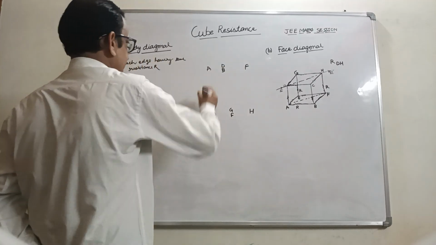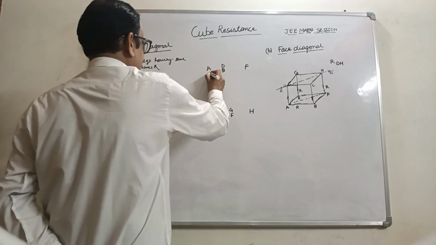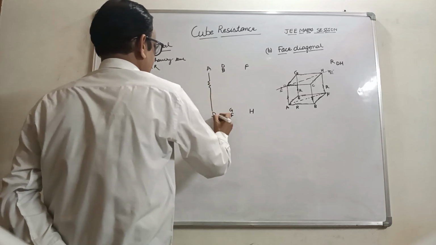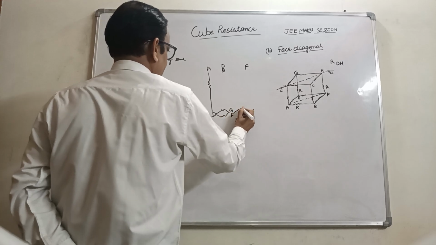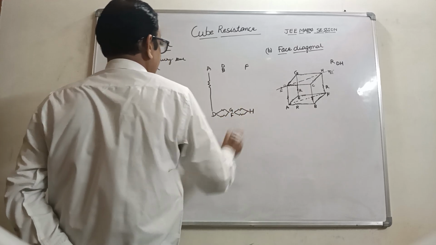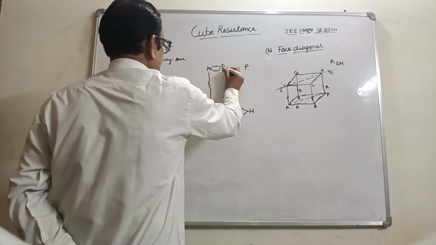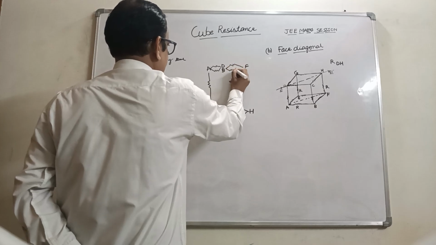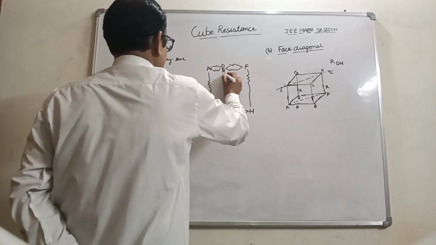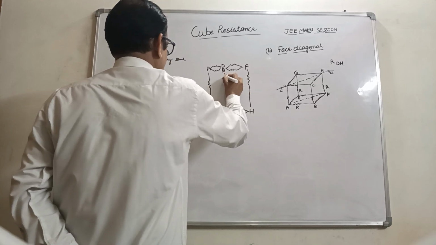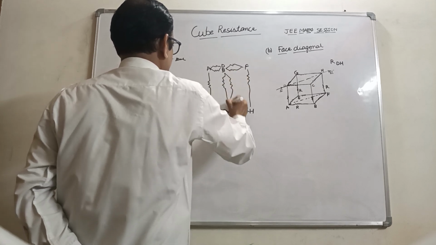So right here, one resistor is here and two resistors are here. These are parallel, and similarly here two resistors, and here two resistors, here two resistors. These are parallel resistors.